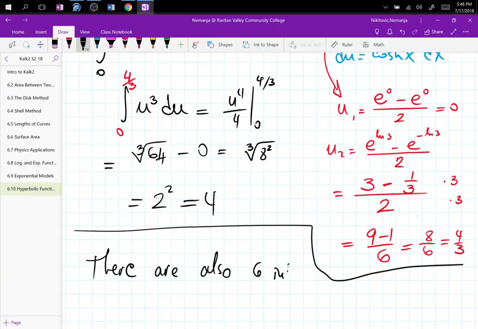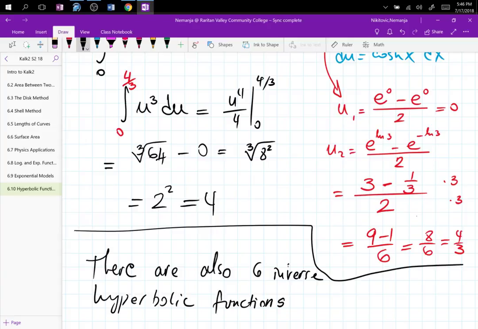There are also 6 inverse hyperbolic functions. It's much easier for hyperbolic functions to deal with the inverse than the trig, right?